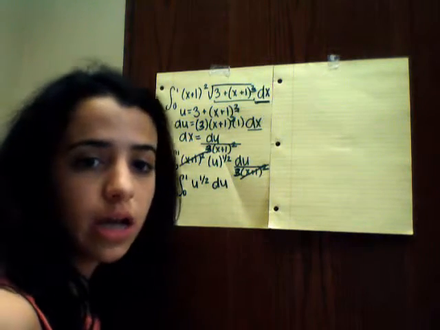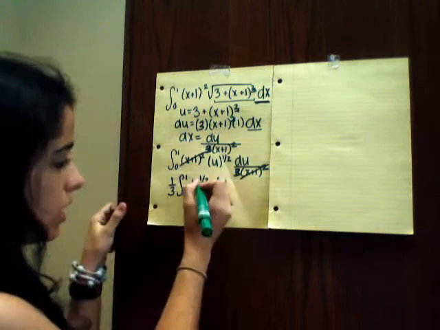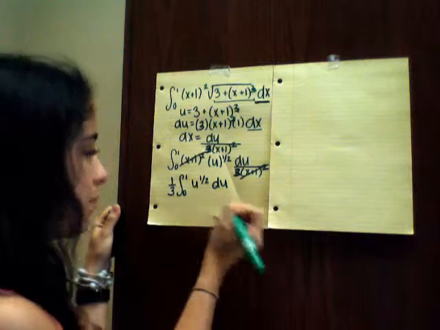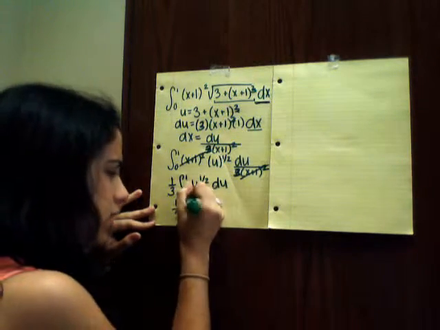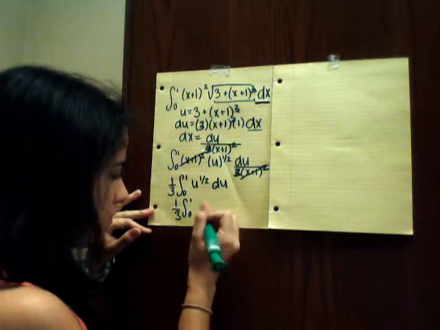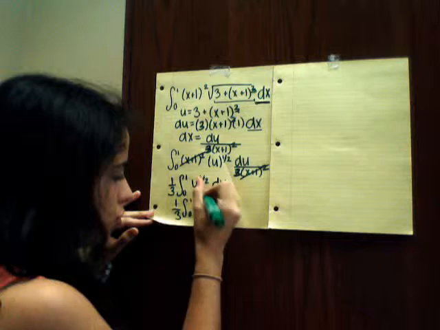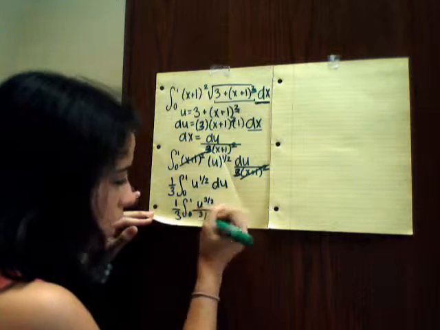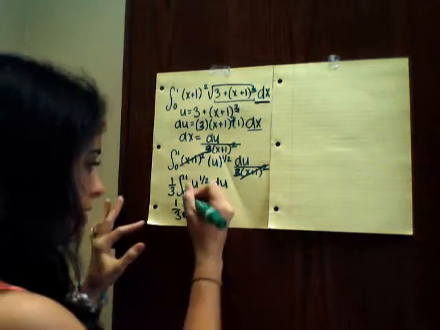According to the integration properties, we know that it's going to be u to the n plus 1 over n plus 1, where n is 1/2. So we are left with 1/3 times u to the 3/2 over 3/2. We don't have to write the integral anymore because we already integrated.